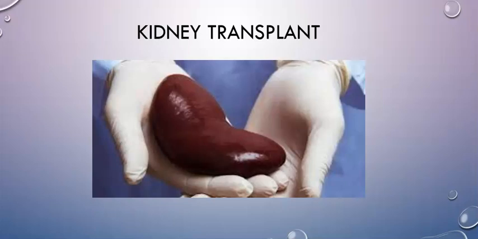You want to make sure that you read through those just so you're familiar with them. People with end-stage kidney disease need either dialysis or a kidney transplant to live. Your kidneys filter everything, and if it's not getting filtered, it's going to build up, and that equals death.